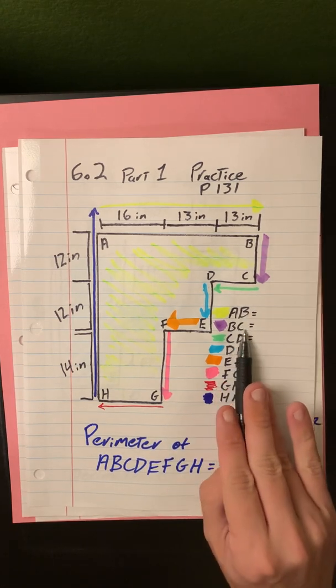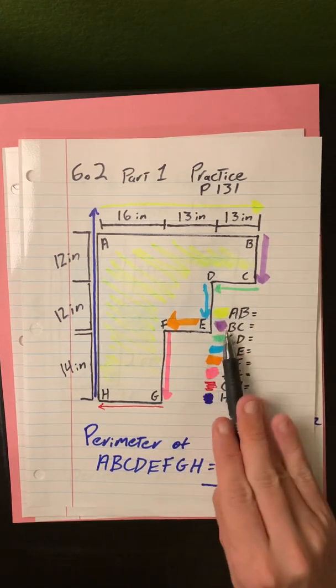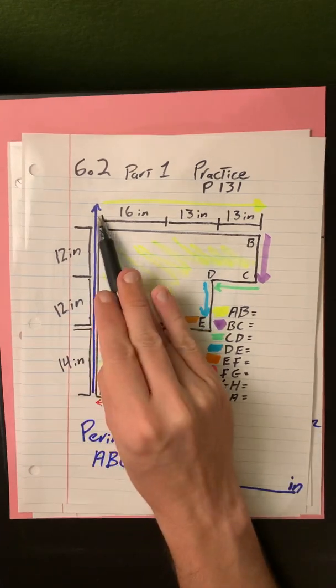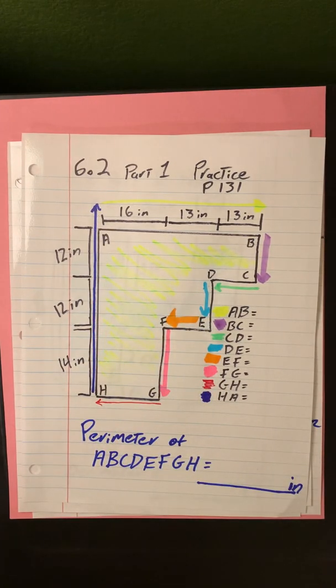Adding up AB, BC, CD, DE, EF, FG, GH, and HA. If you need to pause the video and draw this on a separate sheet of paper, you can, or in your math workbook. And I'll give you some time to pause.